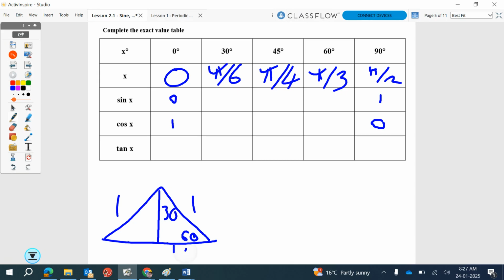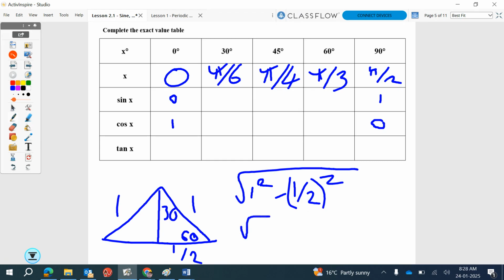So this length here is a half, and the other length is going to be given by Pythagoras' theorem, which is going to be 1 squared minus a half squared, square rooted.